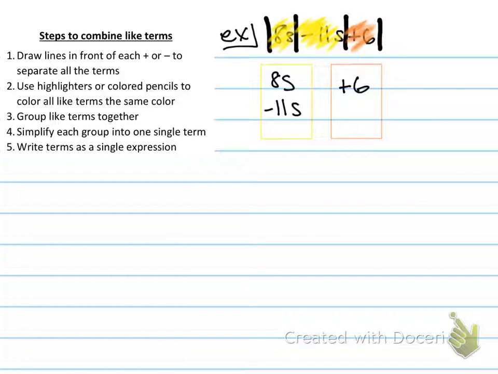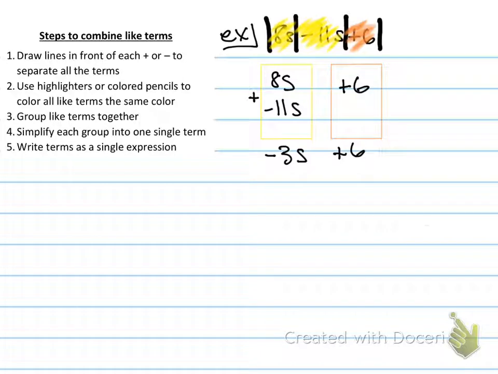So if there's more than one term in the box, all we need to do is add it together. So 8S plus negative 11S, we get negative 3S. And then in the orange box, we just had one term, plus 6.